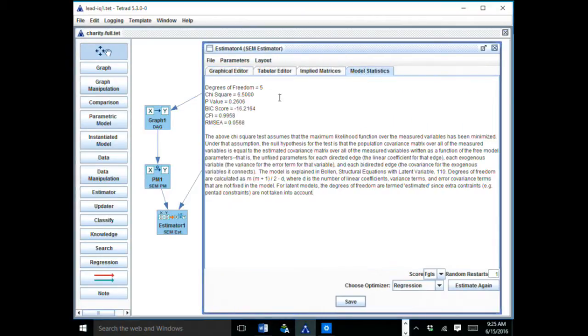Okay, so there's the estimate, and the p-value here is 0.26. So that fits the data also. Both p-values are above 0.05. They both fit the data. And it then comes down to how seriously you want to take the assumption that tangibility is a direct cause of imaginability.